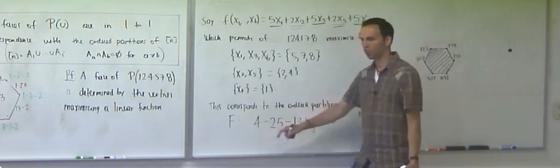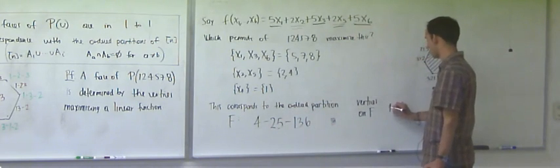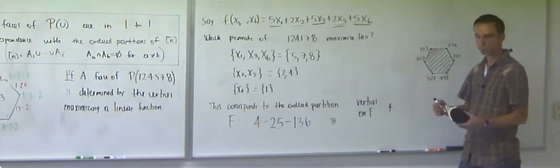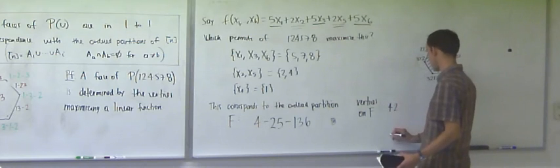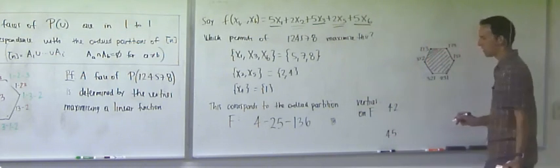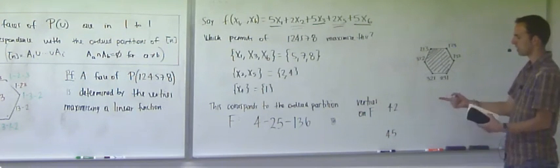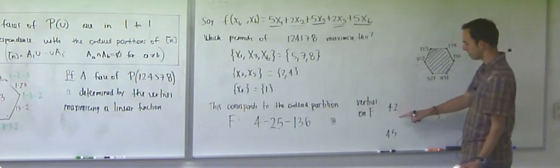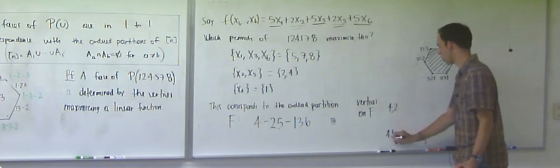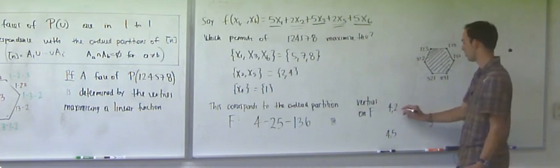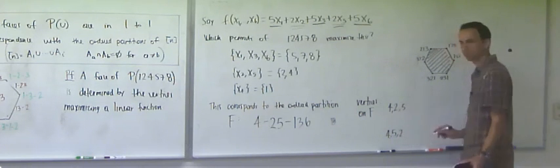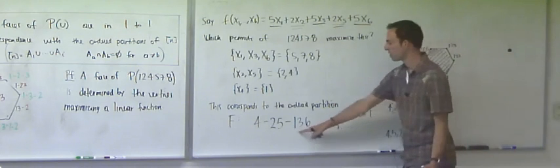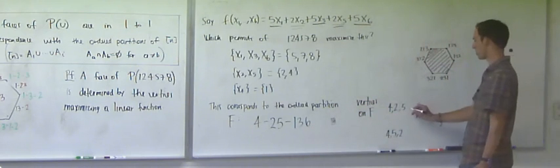Well, the first number has to be 4. Then the second and third positions have to be 2 and 5, so either it's 2, 5 or 5, 2. And then 1, 3, 6 goes in every possible order.